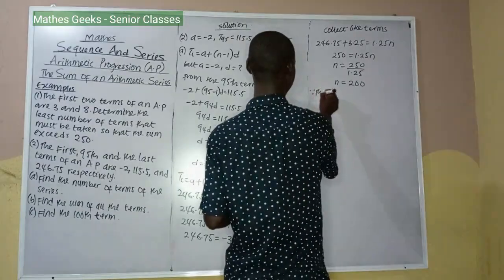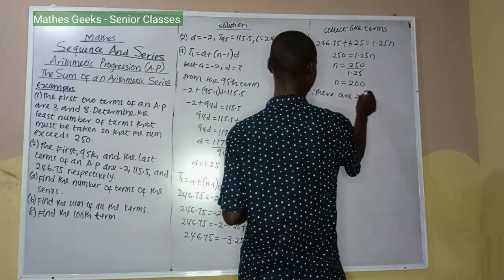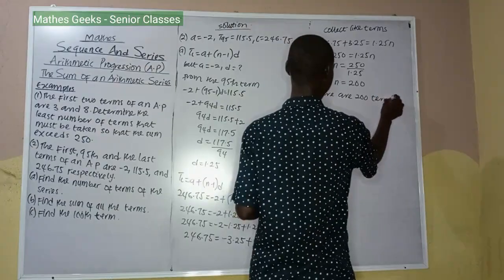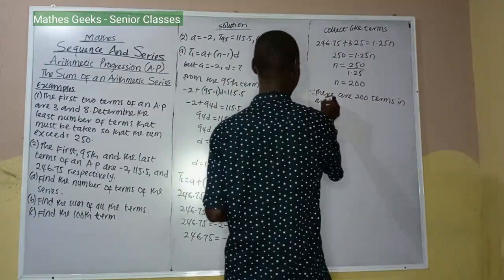So therefore, there are 200 terms in the series.